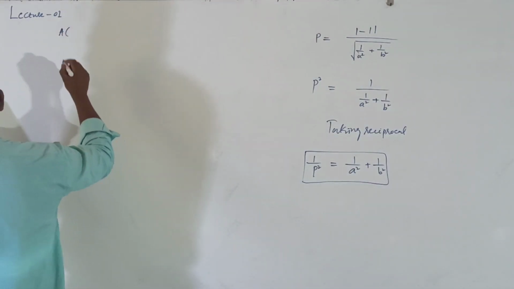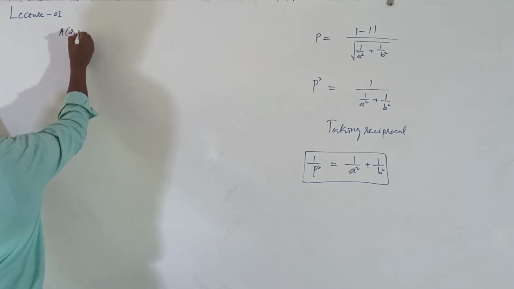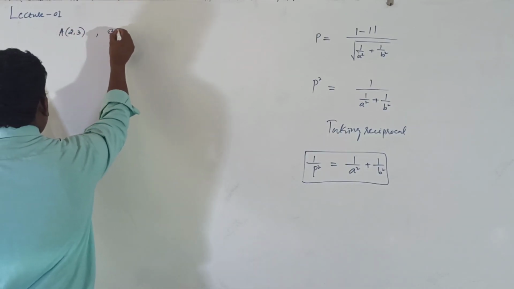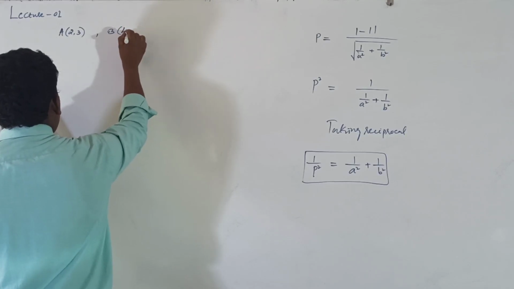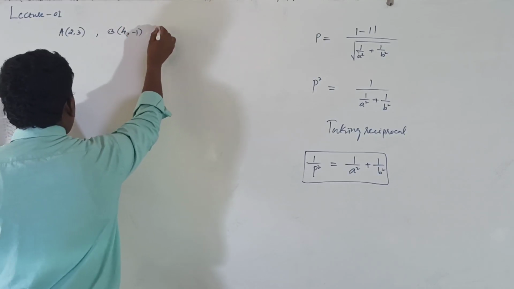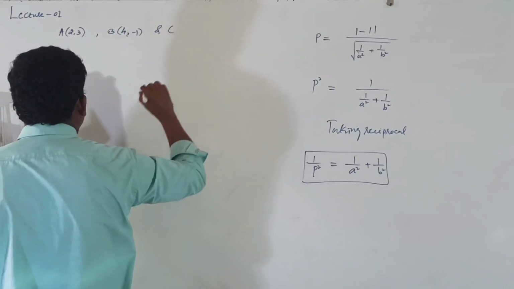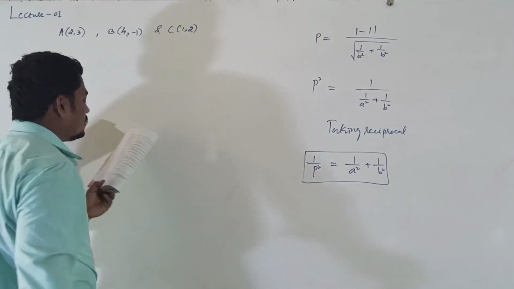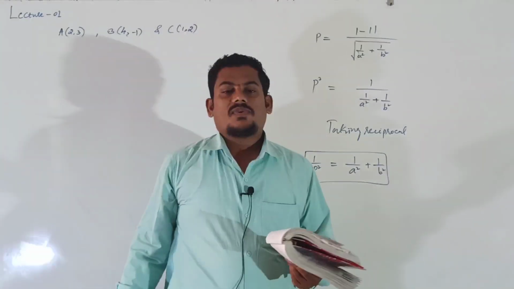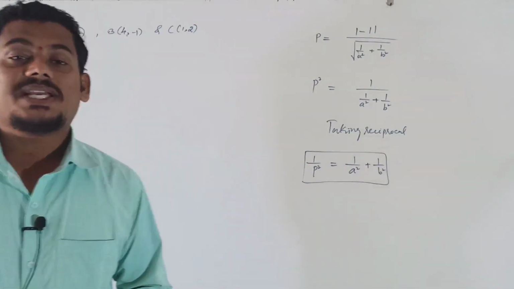What are the vertices? A is 2, 3. Vertex B is 4, -1 and vertex C is 1, 2. Find the equation and length of the altitude.